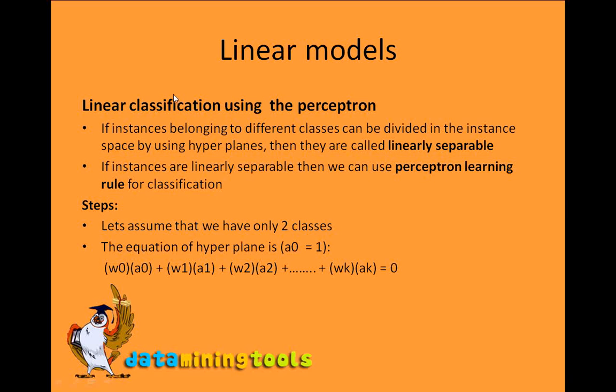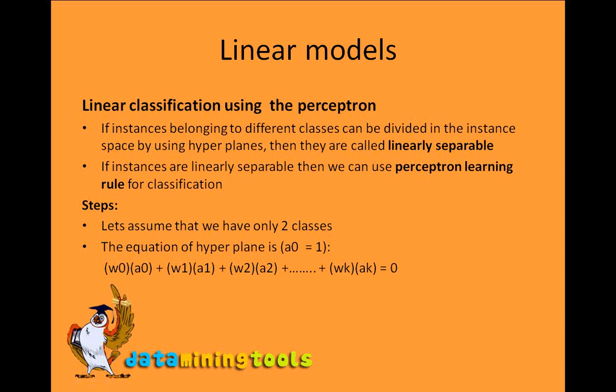The other technique of linear classification is using the perceptron. If instances belonging to different classes can be divided in the instance space by using hyperplanes, they are called linearly separable. So all the instances which we have belong to an instance space.